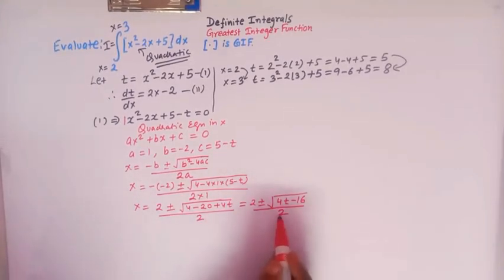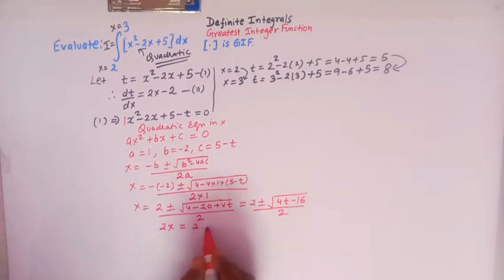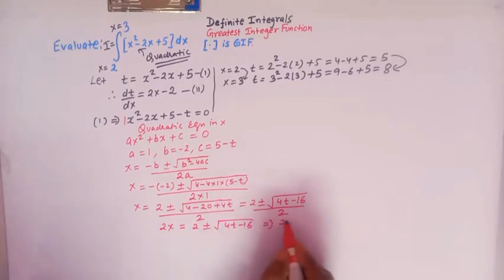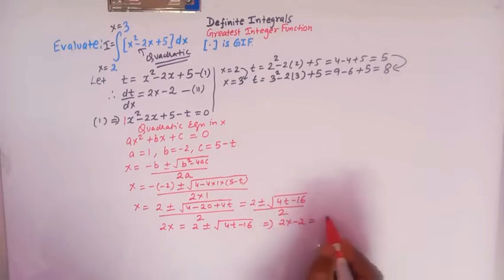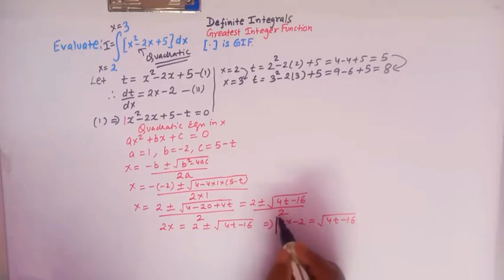Now multiplying this 2 with x, we have 2x is equal to 2 plus minus square root of 4t minus 16. So we have 2x minus 2 is equal to square root of 4t minus 16. This is a very important result.